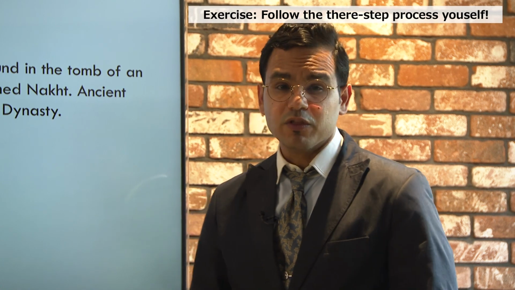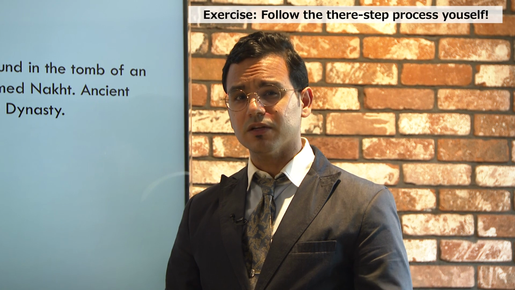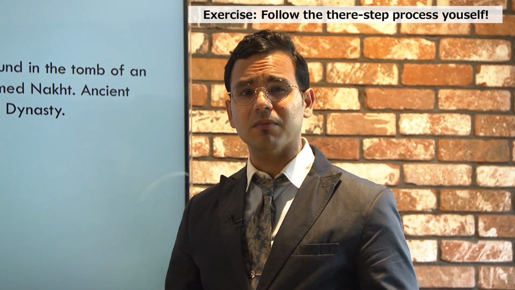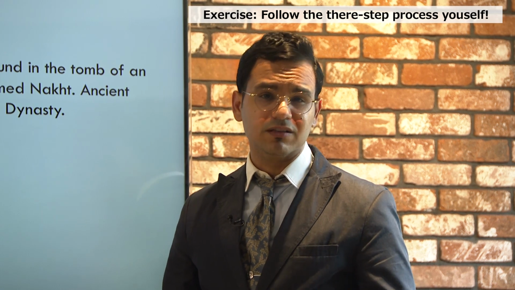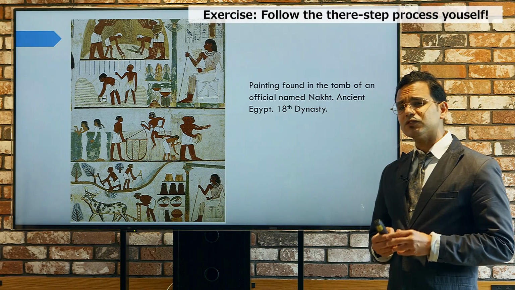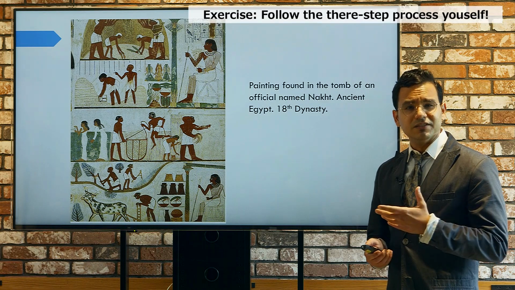Well, we don't know enough about the people at that time, why they produced these sources. So we have to do some thinking about them ourselves. This is why we have to use the 3-step model that I showed you today. So, what questions do we have to ask in order to describe and analyze this visual source?